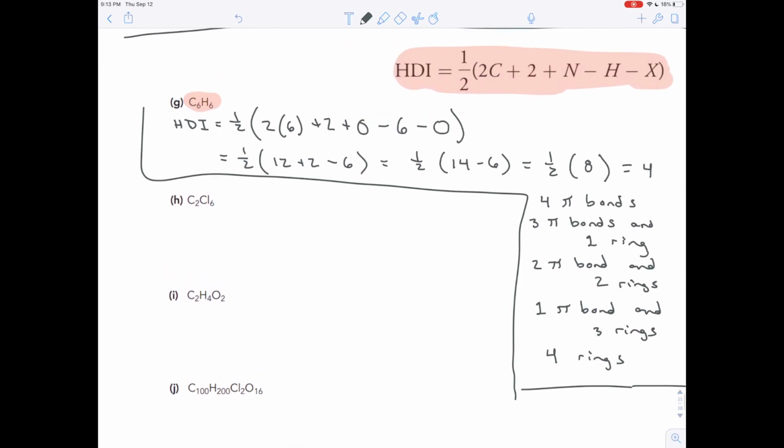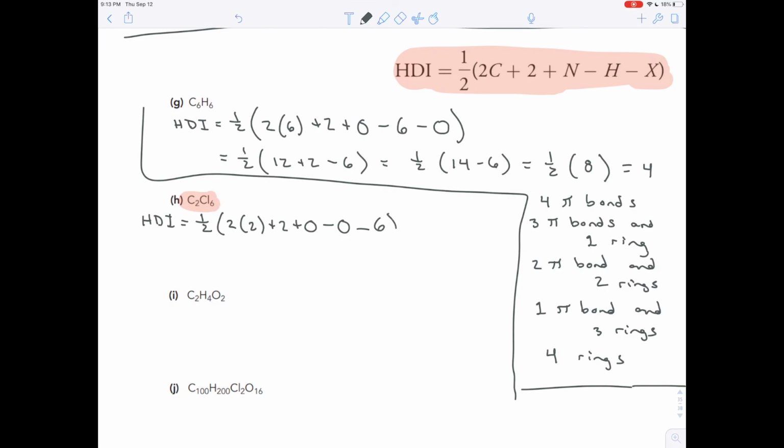You can apply that same formula to these other compounds. So here in this one, in H, the hydrogen deficiency index is going to be 1/2 times 2 times the number of carbons, which is 2 here, plus 2, plus the number of nitrogens, 0, minus the number of hydrogens, 0, minus the number of halogens, fluorine, chlorine, bromine, or iodine.